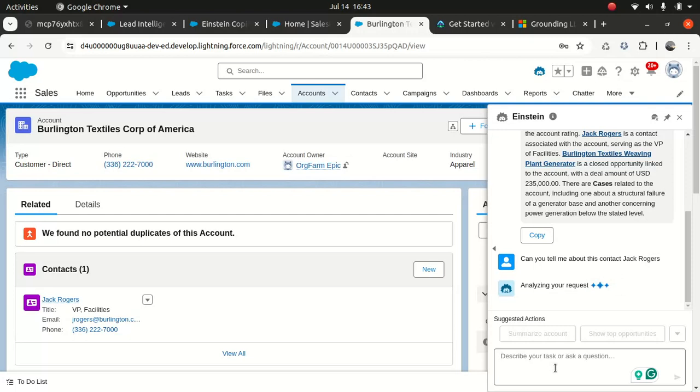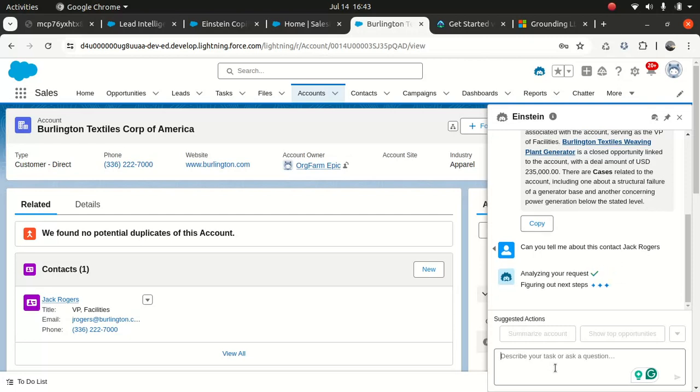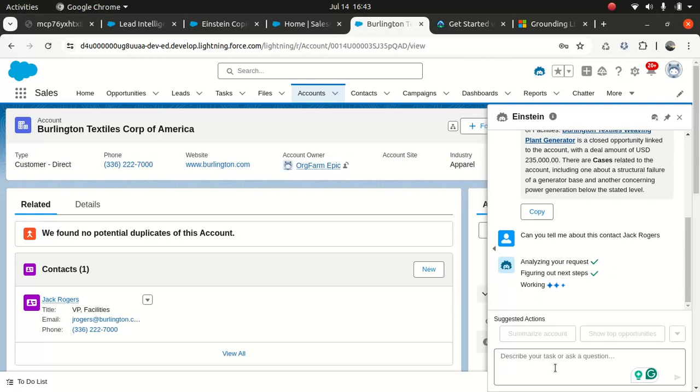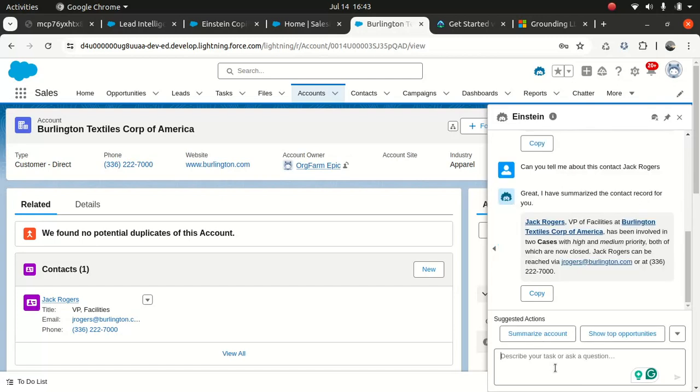So it's the normal conversation, right? What you normally have with a case agent or a call center agent, I'm just having that conversation with an AI, or the conversation you have with ChatGPT. So it says, great, I've summarized the contact record. Jake, VP of facilities, has been enrolled in two cases. Which is pretty good.